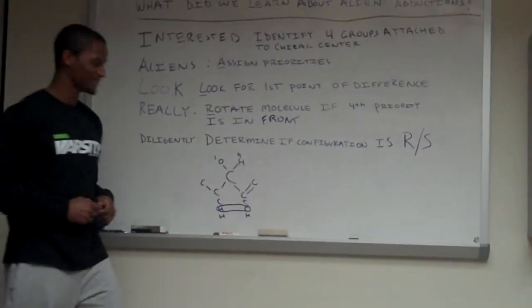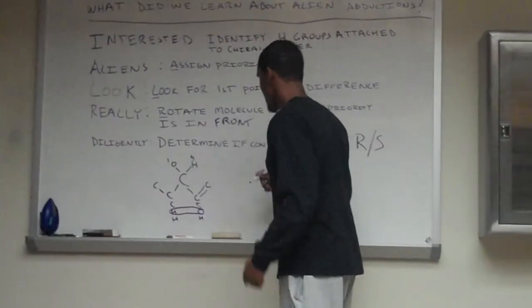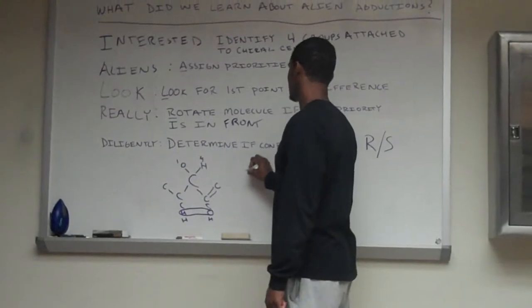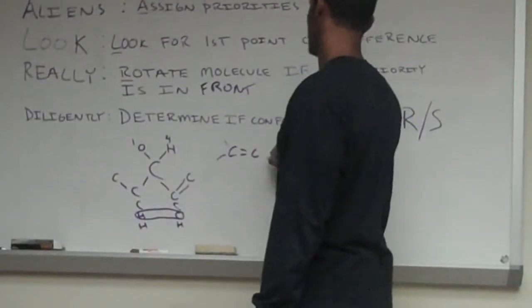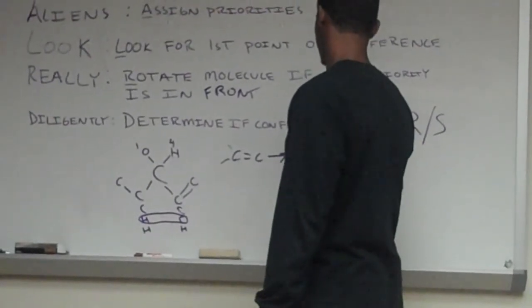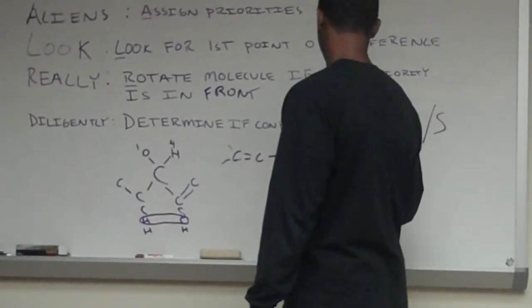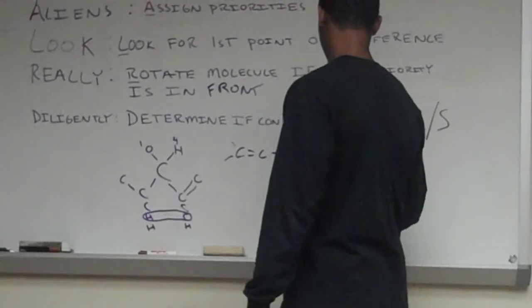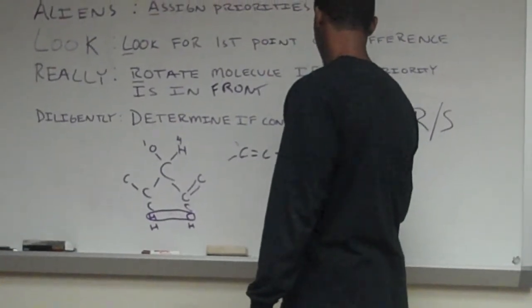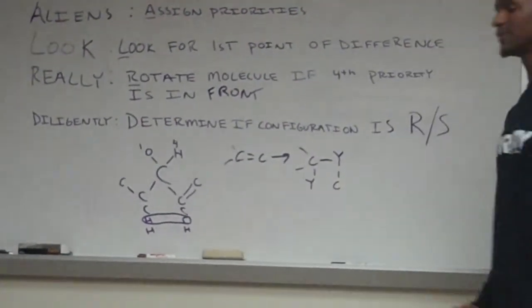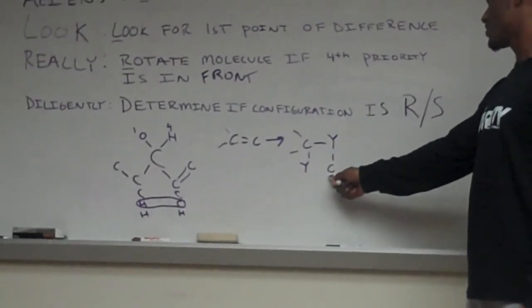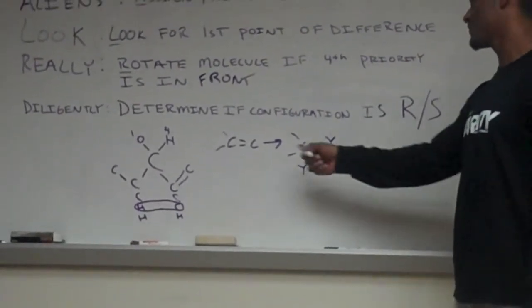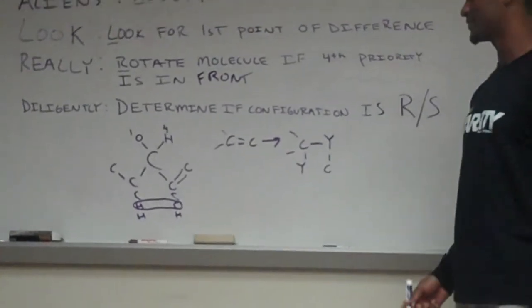I will show you. Now, we could imagine this double bond looking sort of like this. Okay? As you can see, there's another carbon. There's 2 carbons. Therefore, it is counted as 2 carbons.